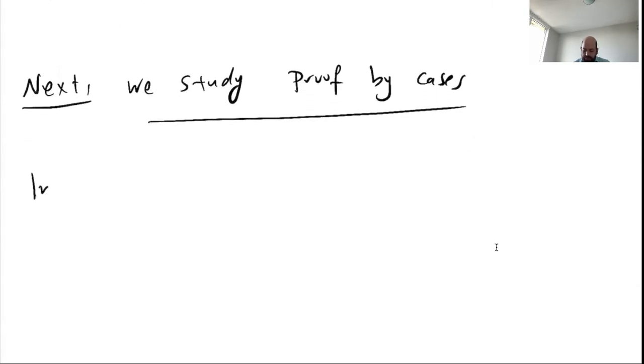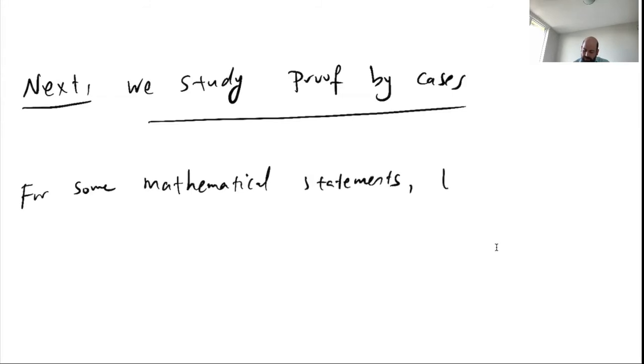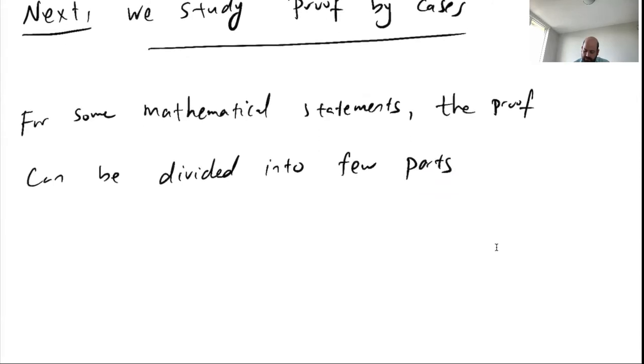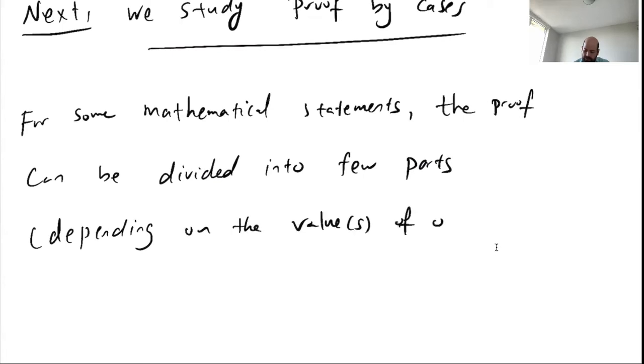So for some mathematical statements, the proof can be divided into a few parts depending on the value or values of our variable or variables.